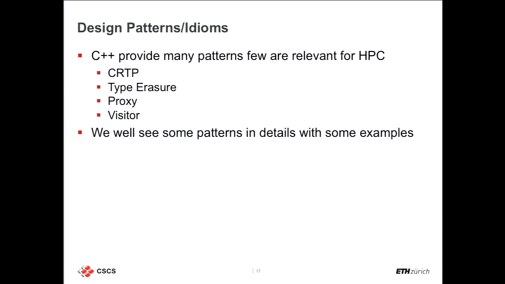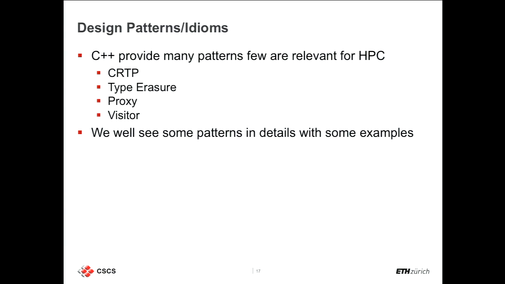C++ offers entire books on design patterns, on how to implement certain functionalities. There are so many of them, this kind of jungle. I mentioned here a couple of things, the CRTP, type erasure, proxy, visitors, but there's also pimpl and whatnot. So there are so many patterns there. It doesn't make sense for us, I think, to show you these patterns or to make a long list of patterns, because it depends on what you need.